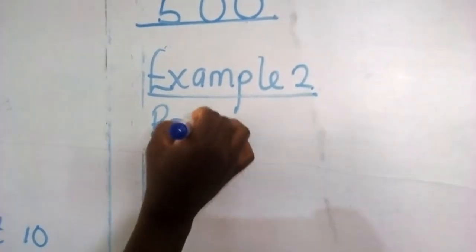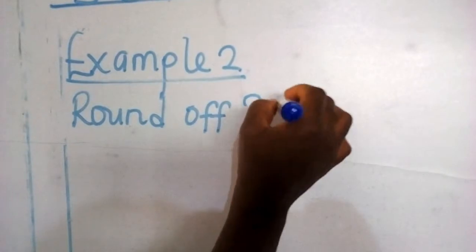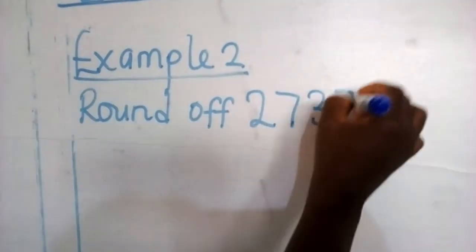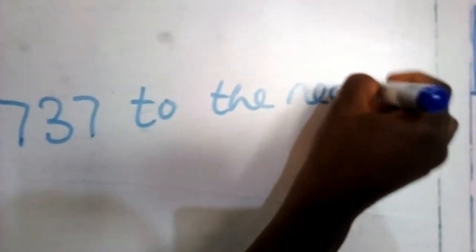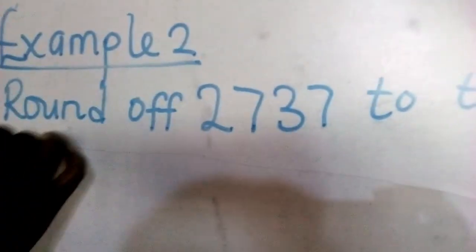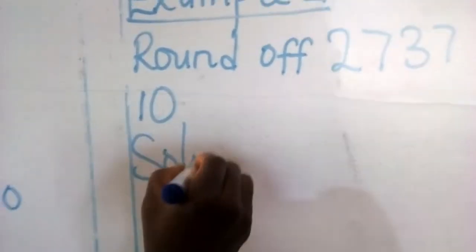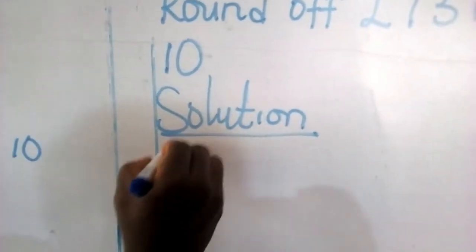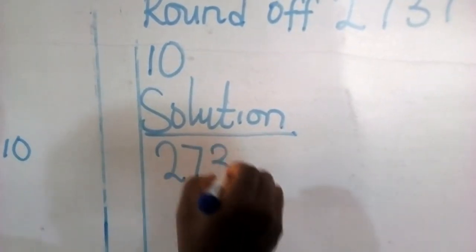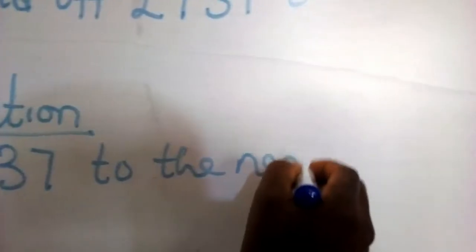Example 2. Round off 2,737 to the nearest 10. Okay, solution: 2,737 to the nearest 10.